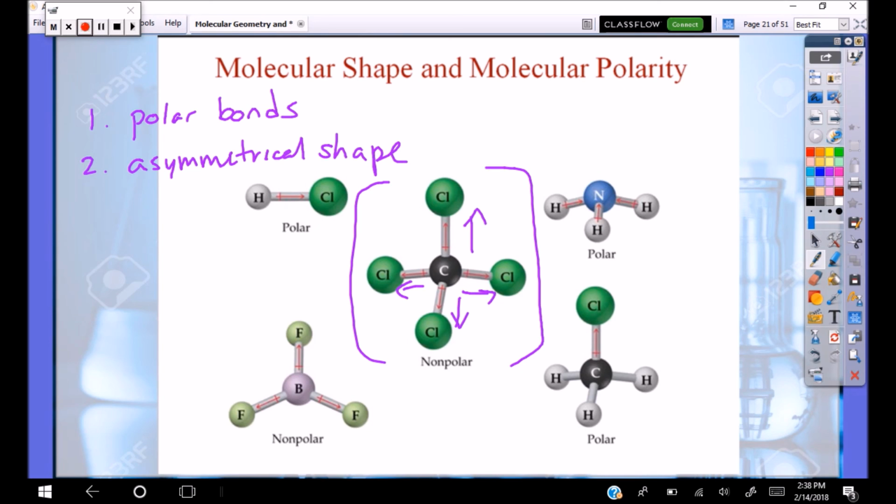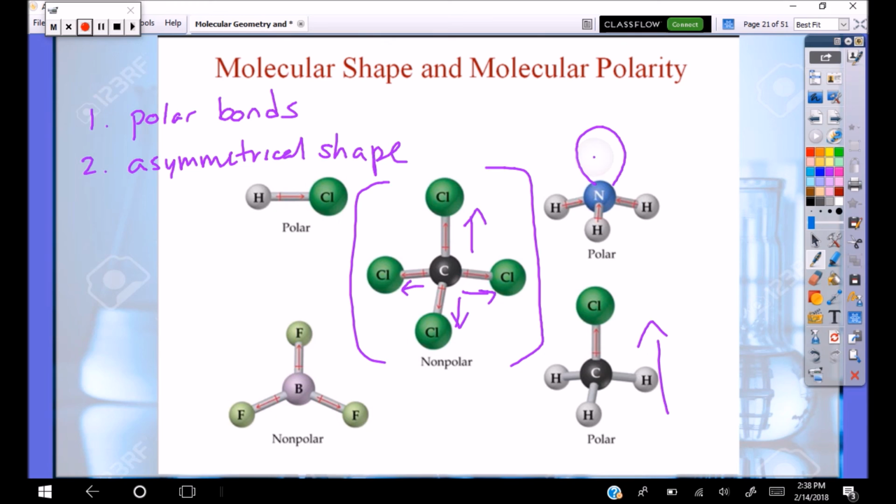But the minute you start substituting other groups on here, this bond's not polar, this bond's not polar, this bond's not polar. We've got one main bond that's polar, and it is significantly pulling electrons this way in our molecule. So think about that distribution. Think about the polar bonds. Think about where the dipoles are pointing.